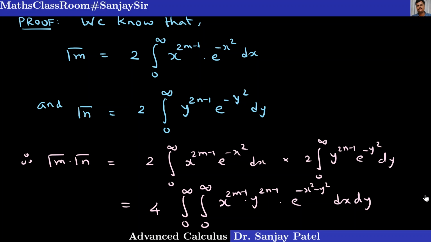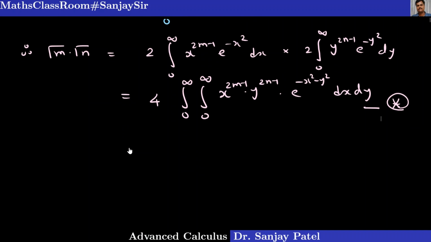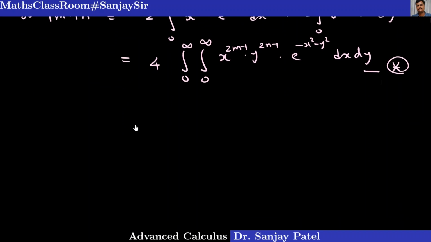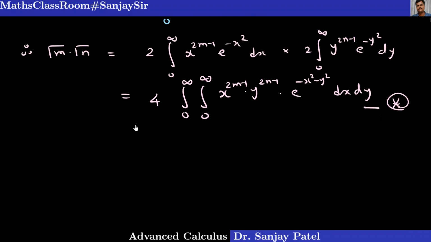Okay, let us call this star, and observe that this double integral is to be evaluated over the region where x varies from 0 to infinity and y varies from 0 to infinity.